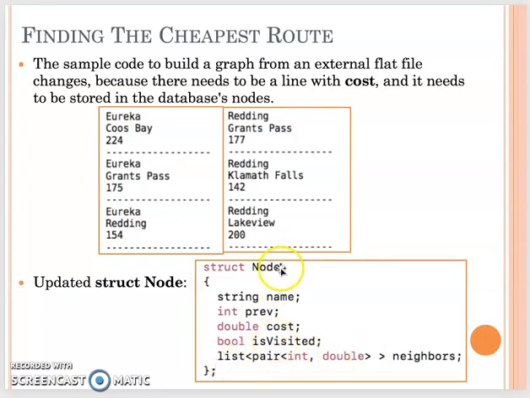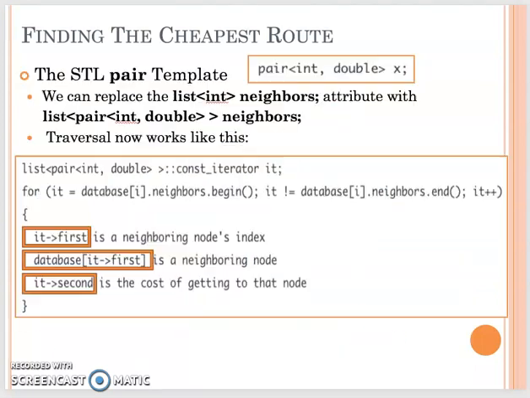So when we consider any node, their neighbor is a list, right? Remember, we always need to use the iterator. But before, our iterator was only an integer. Now our iterator, the it, will become this pair object. So that's why later we still need to use the iterator a lot.